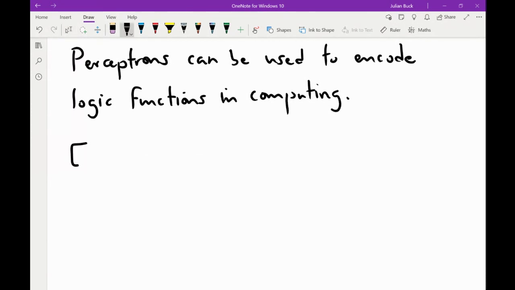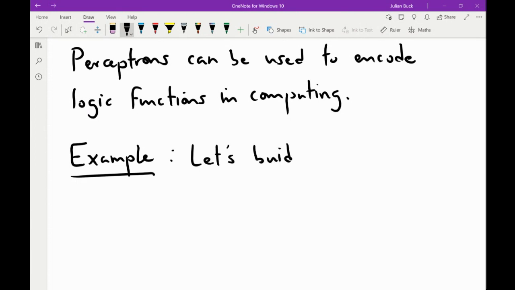All right. So as an example of this, let's build what we call an AND gate. What we want is a logic circuit with two binary inputs.